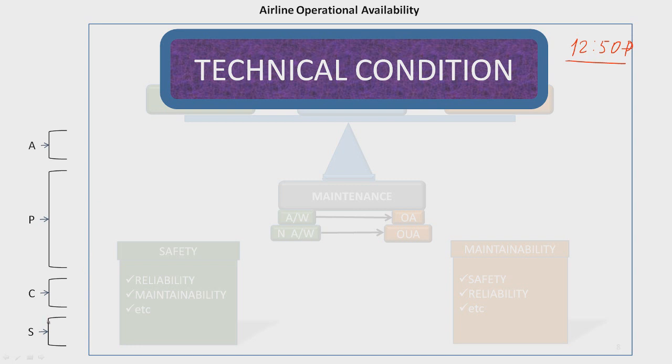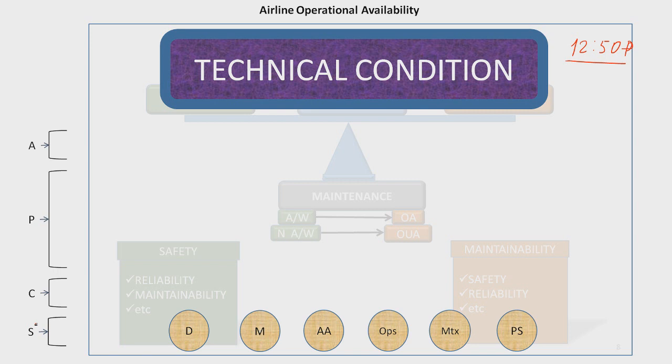I put here 4 segments, and then the foundation, definitely, I call it S, which is sources. The sources are the next: product design, manufacturing, aviation authorities, regulations, requirements, airline operations, maintenance, and even passenger services.